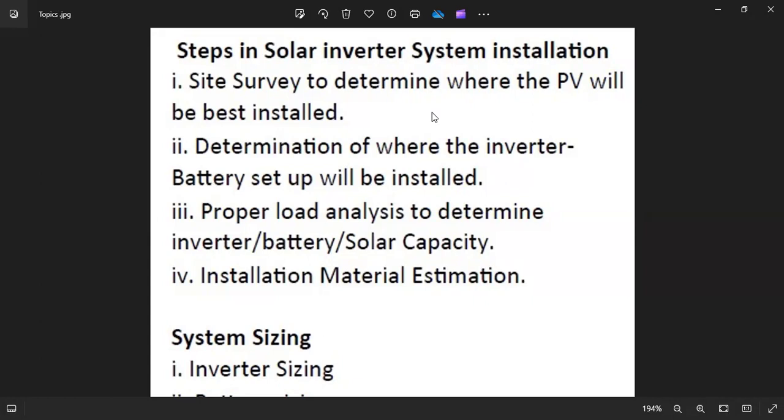So if one particular cell is faulty, the BMS will disengage the whole system to avoid explosion. Just like I said, it's very explosive in nature. You understand? It could explode if it fails. So that is why they come with a BMS, a battery monitoring system installed in them.